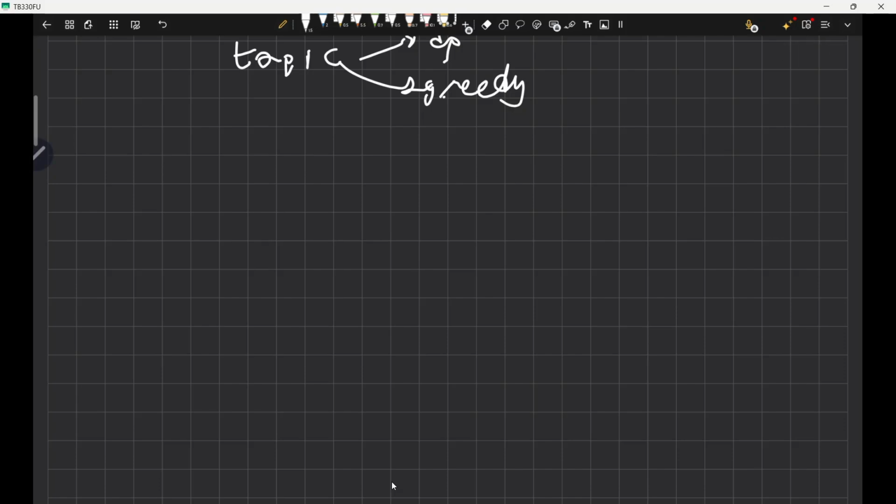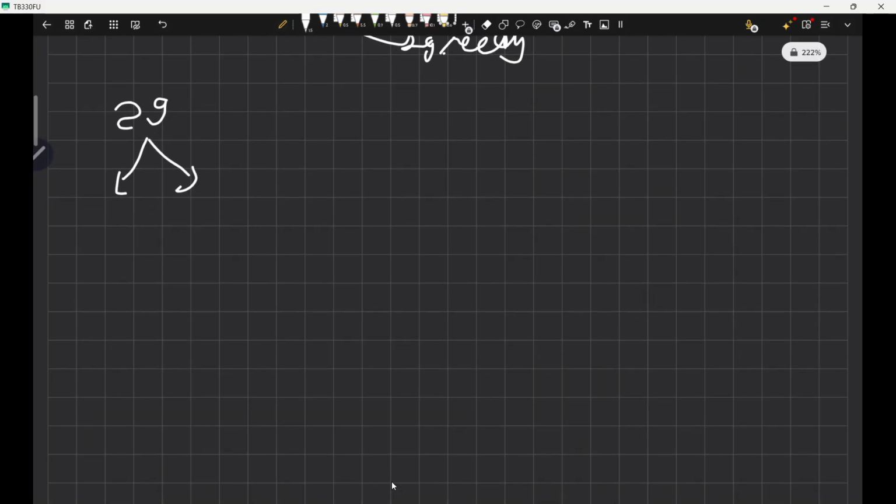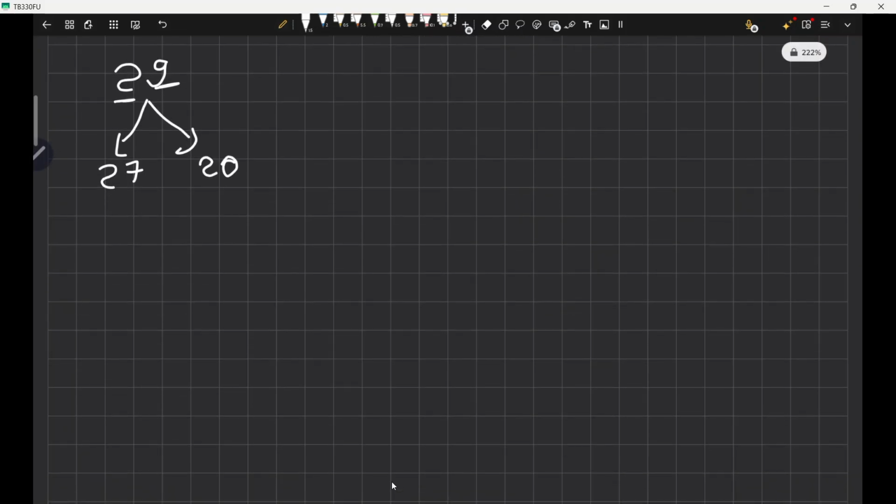Let's say the number is 29. What you can do is remove 9 or 2 from this, right? So you can remove 2 from 29, or you can remove 9 from 29. So 29 minus 2 is going to be 27, and 29 minus 9 is going to be 20. Then again in this, there are two ways: remove 2 or remove 7.